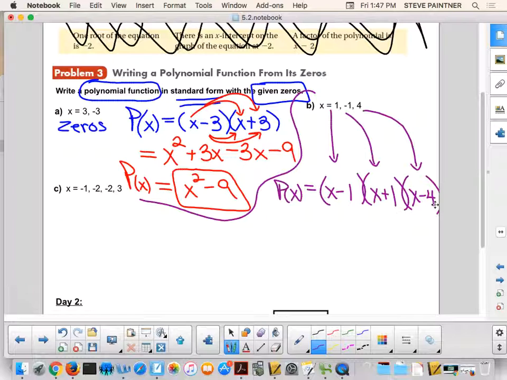Me, I would just pick the last one. I'd ignore it. I wouldn't even look at it. I just FOIL those 2, get an answer, then FOIL x minus 4 later. Okay? So this one's going to take some time. FOIL, see what you get.